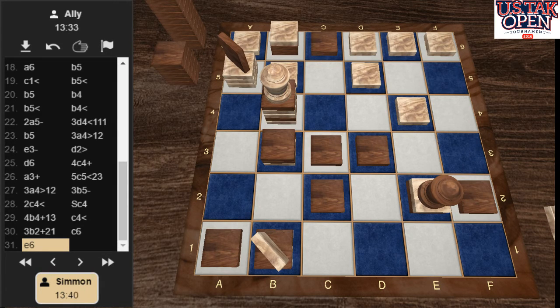Ally plays D6. Or no, sorry, E6. So that is attack threat because he's threatening through here, but also through these and through this to go all the way.